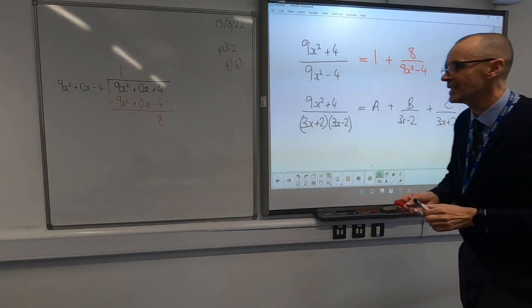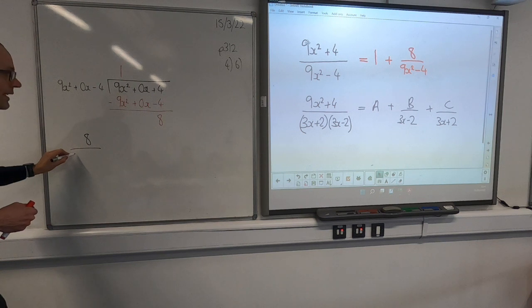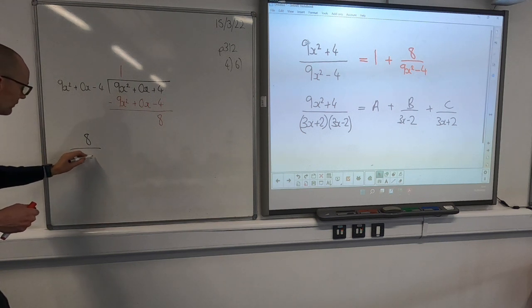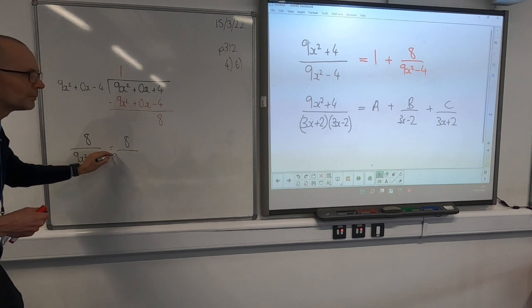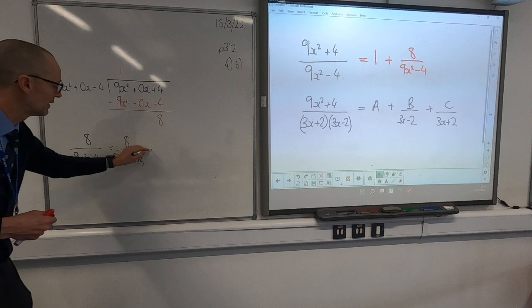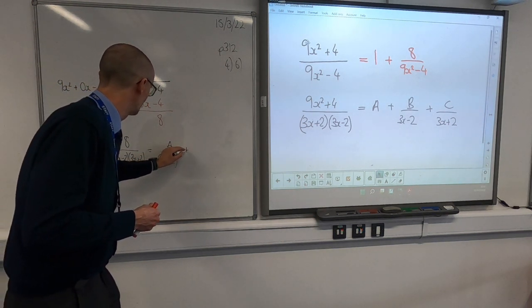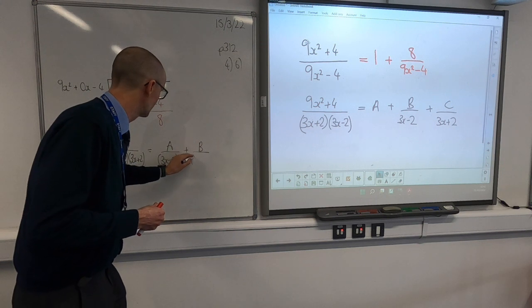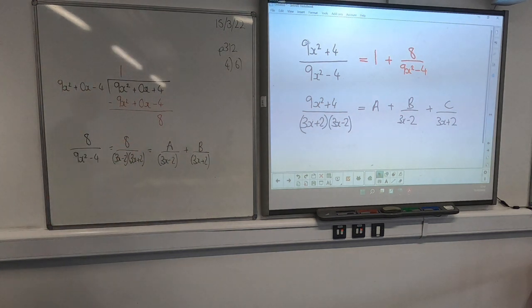So one option is then to do partial fractions for this. Remembering that that's, better get it the right way around, 3x minus 2, 3x plus 2. So I just want to partial fraction that bit.